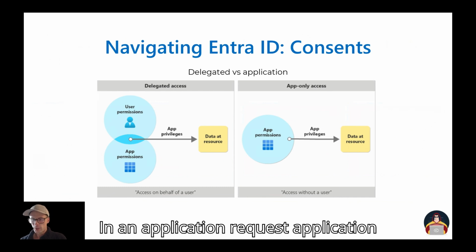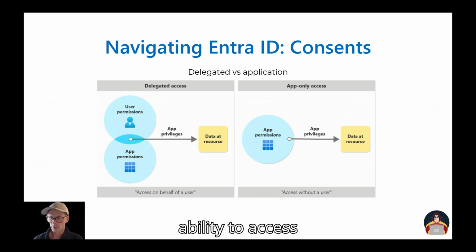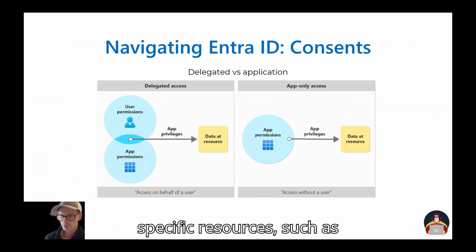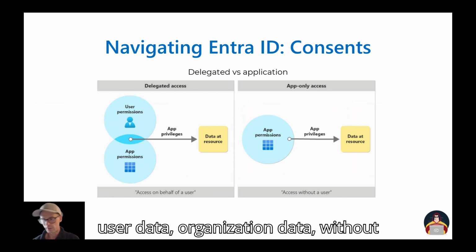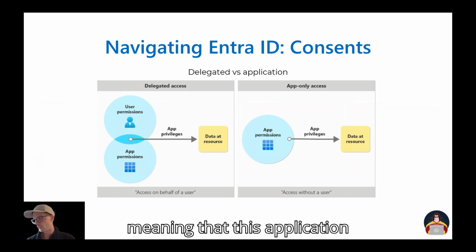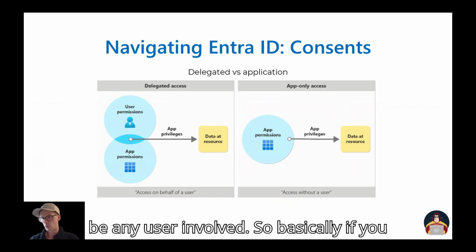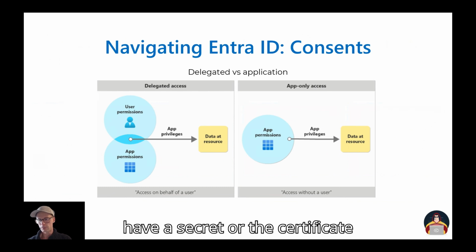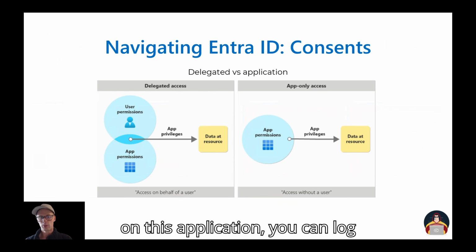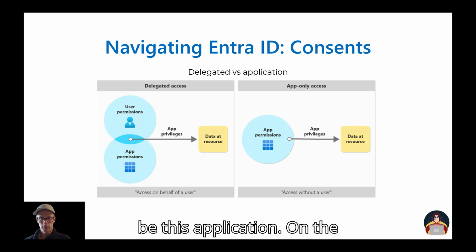When an application requests application consent, it's asking for the ability to access specific resources, such as user data and organization data, without any signed-in user. This means that the application can act on its own, and doesn't need any user involved. So basically, if you have a secret or a certificate on this application, you can log in as the application and be this application.